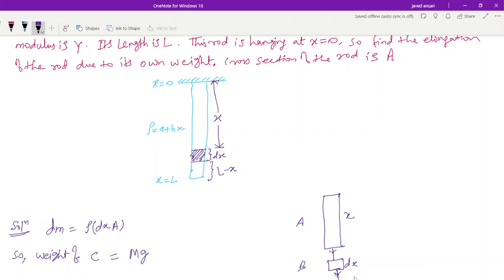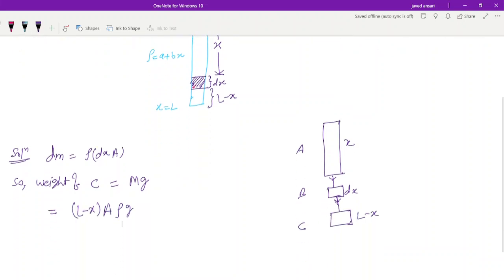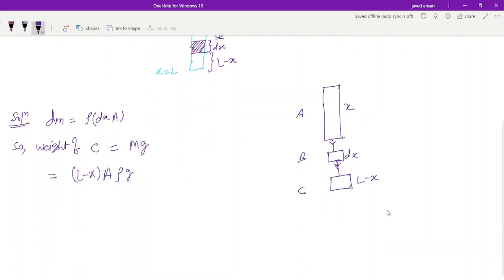What will be its mass? L minus x is its length, its cross-sectional area is A, and its density is rho. So this is your mass multiplied by g. This is the weight of C, which is pulling the body B.